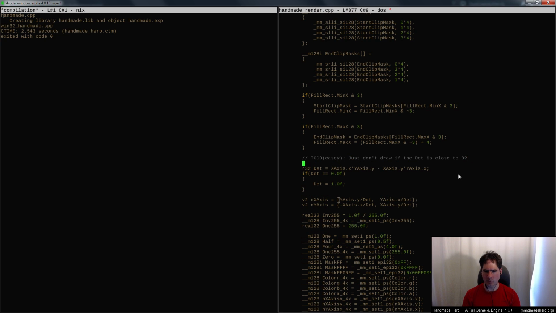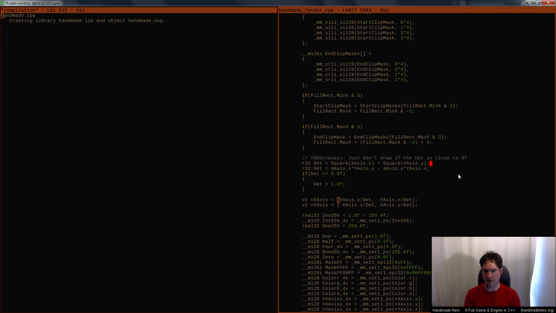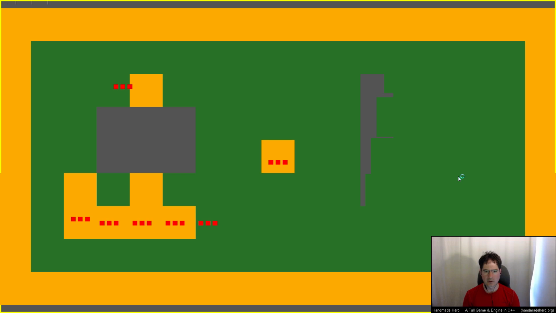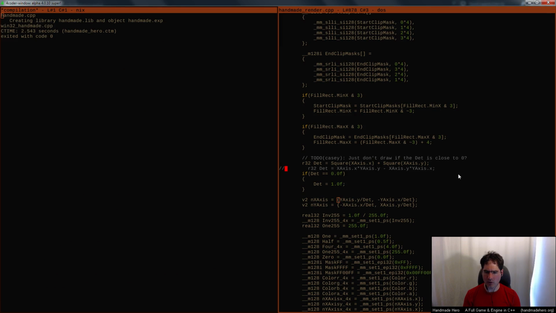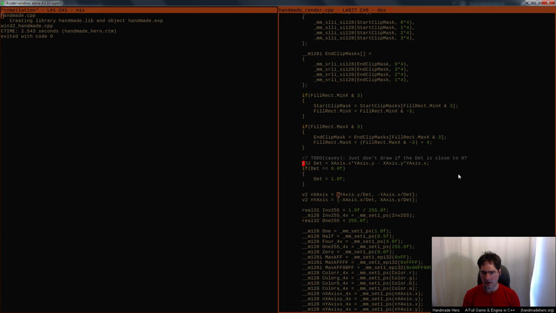Effectively, previously we were taking x-axis x squared plus x-axis y squared, and dividing each one by its respective one of those, right? That's what we were sort of saying we were going to do. And so I don't really know why we wouldn't get anything there.